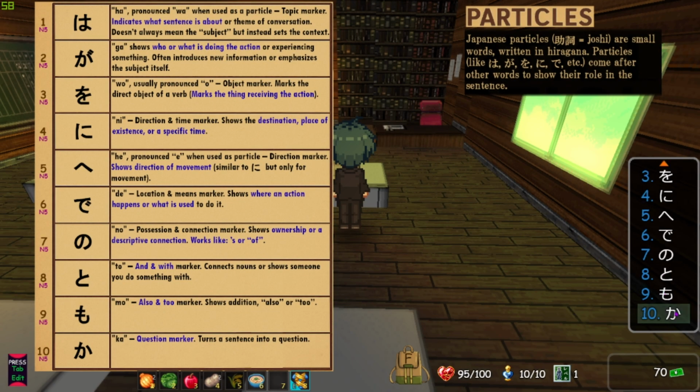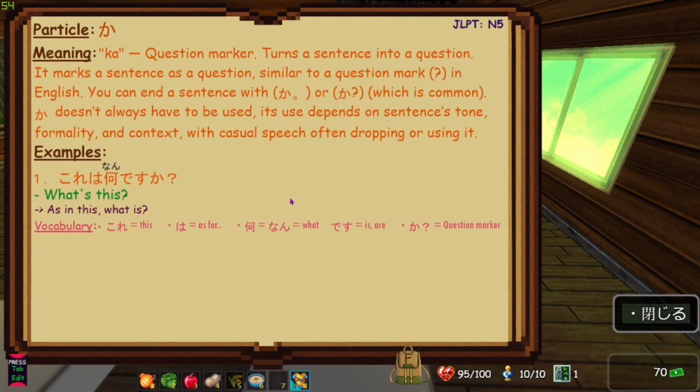Next we have ka, which is number 10. That was pretty fast. Ka is the question marker. Turns a sentence into a question. So at the end, right, you want ka. It marks a sentence as a question, similar to a question mark in English. So you can end a sentence with the ka and the dot, or ka and the question mark. It's not a dot, it's like a maru, ten, right? You can choose between these two, and I spoke to my wife. My wife is Japanese.